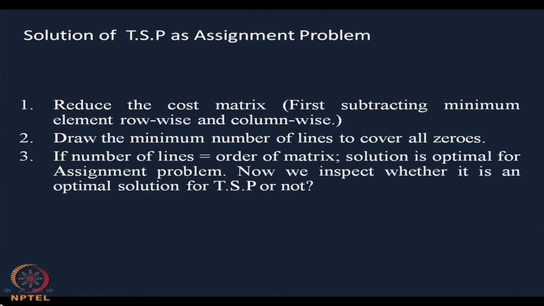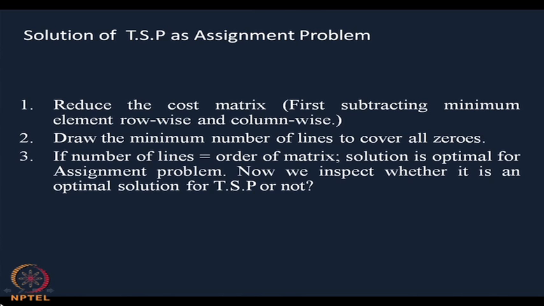In the second step, once I have obtained the optimum solution of the assignment problem, now we have to inspect whether it is the optimal solution of the travelling salesman problem or not. That is, the travelling salesman problem has another criterion. The criterion is that it has to be cyclic, that is, from where you started, you have to satisfy two conditions. One is you have to visit each city only once, and from where you have started you should come back to the original position.